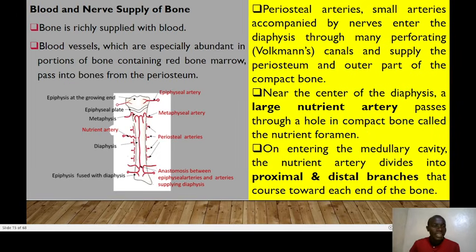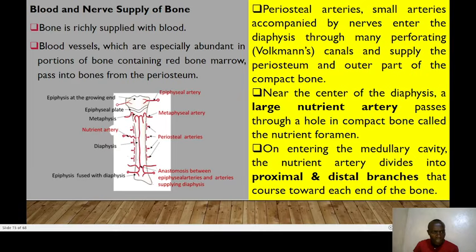In terms of blood supply and nerve supply, the bone is richly supplied with blood, just like any other organ. Blood vessels, which are especially abundant in the portion of bone containing the red bone marrow, pass through bone through the periosteum. We could be able to see some of the differences. Epiphysis at the growing plate, epiphyseal artery, metaphyseal artery.